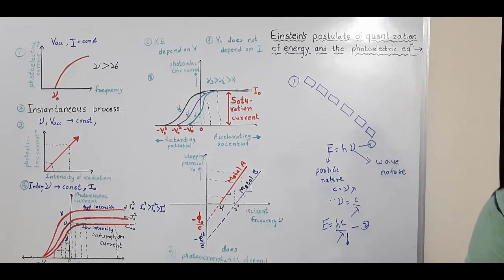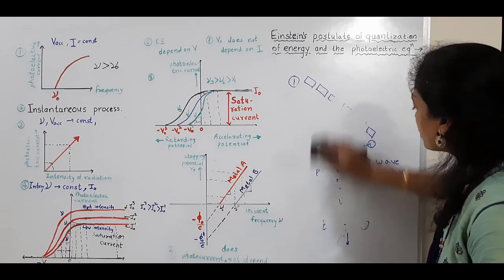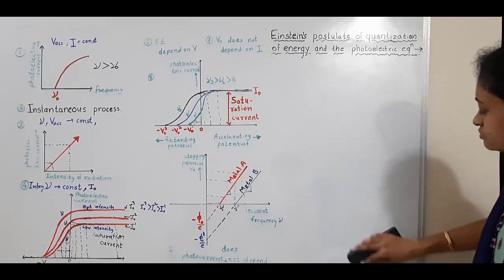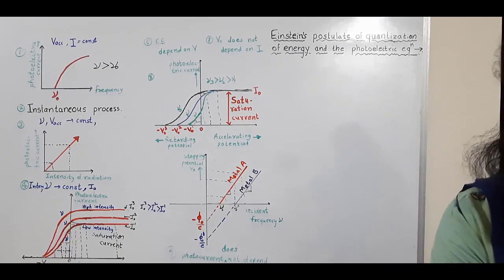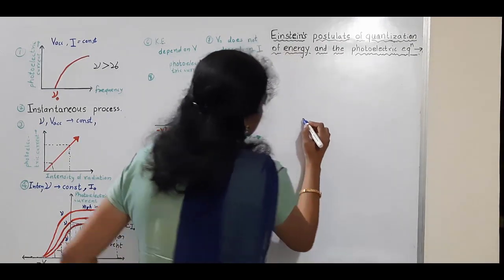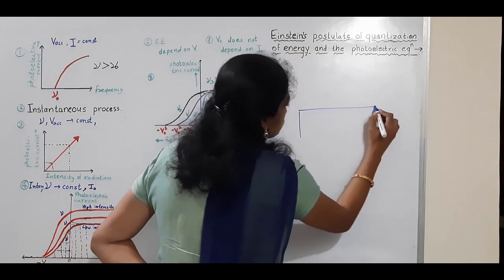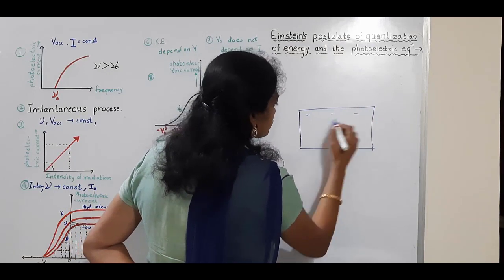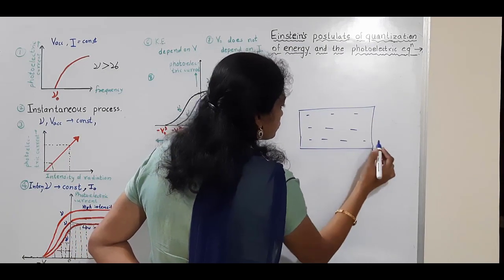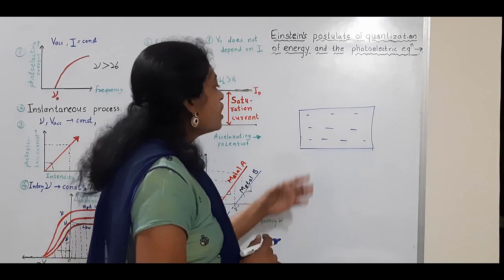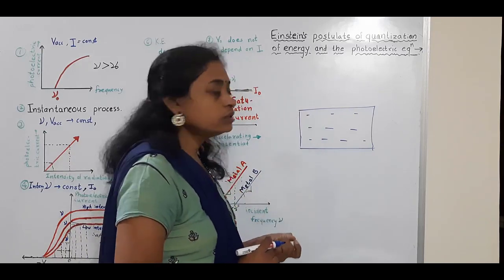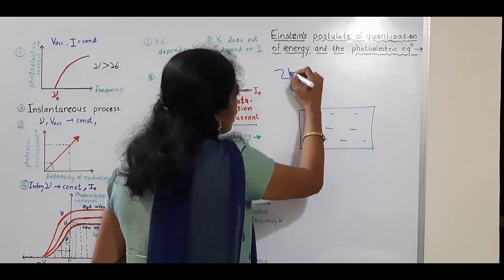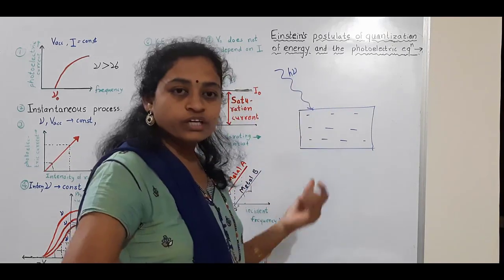Now consider there is a metal and free electrons are in the metal. An atom consists of an electron. What happens when radiation of energy h nu falls on the metal surface?